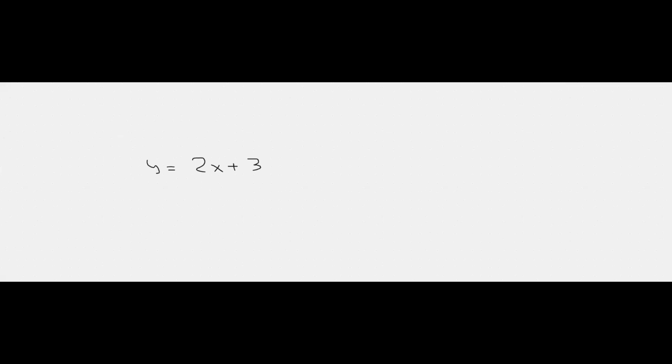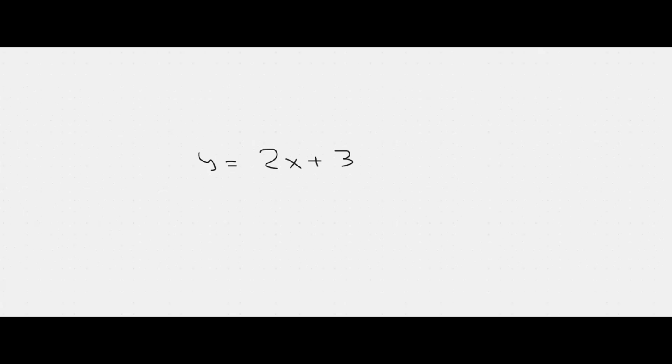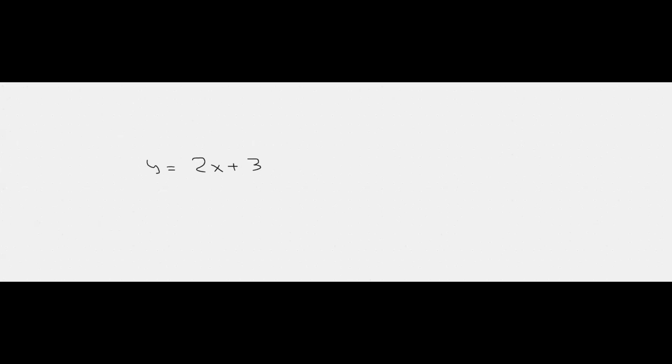Oh yeah, sorry. Just draw a table of values. So here, a table of values is just a table like this, and then you have x and y. And then let's say x is equal to 1, so you would put 1 here, and then you would plug 1 in. So y is equal to 2 times 1 plus 3.